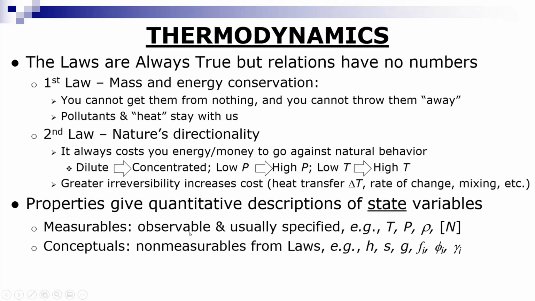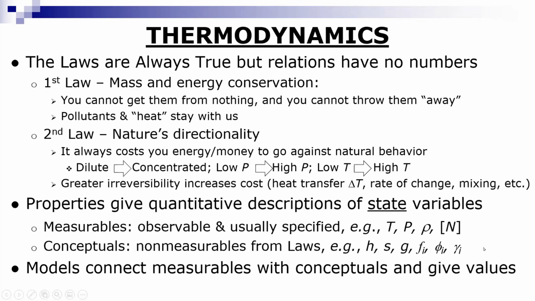Measurables are observable and usually what we specify, for example, temperature, pressure, density, the number of moles of components, and so forth. Conceptuals are non-measurables. There isn't a meter for the enthalpy or for the entropy or the Gibbs energy or the fugacity coefficient or the activity coefficient. So you have to get those from models, and they're the ones that connect measurables to conceptuals to arrive at values.